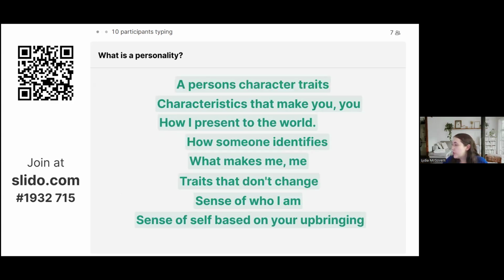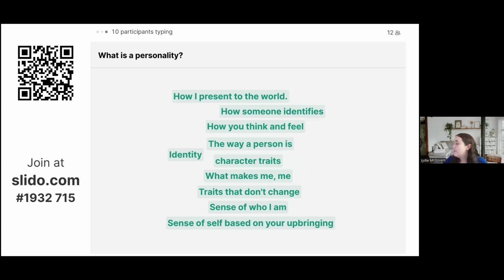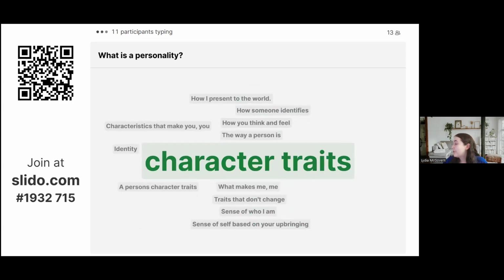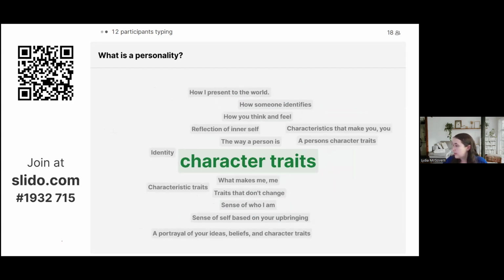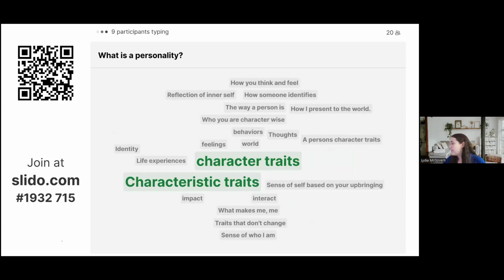Characteristics that make you, you, a person's character traits, how someone identifies, what makes me, me. So very similar to the other one. Character traits, it's a big one showing up here. I see in the chat who I am. Identity, traits that don't change. Thoughts, feelings, behaviors.